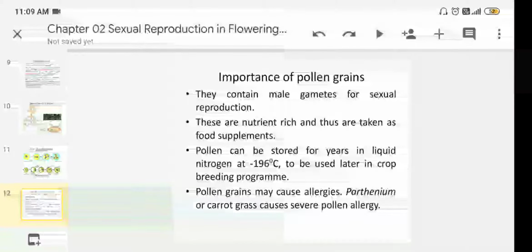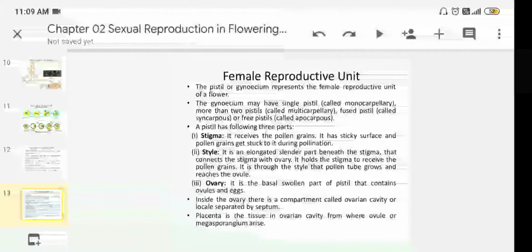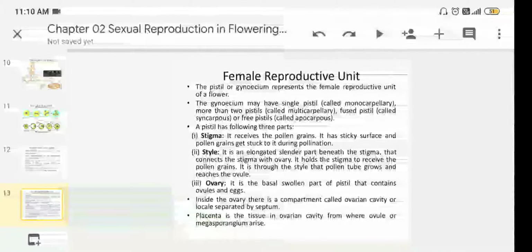Remember, Parthenium or carrot grass, you might have heard, causes severe allergy. In some countries, like Great Britain, they collect the pollen in capsule form and use it as a nutrient supplement.